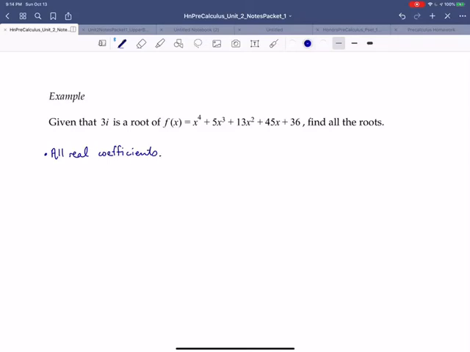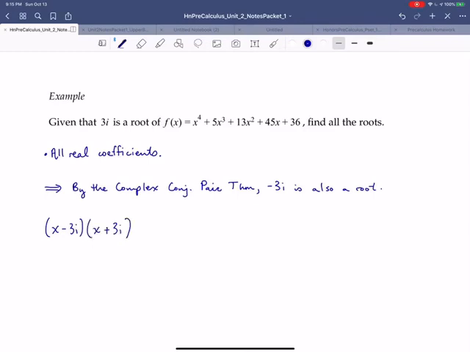This means that by the complex conjugate pair theorem, negative 3i is also a root. So that means that x minus 3i and x plus 3i are factors.